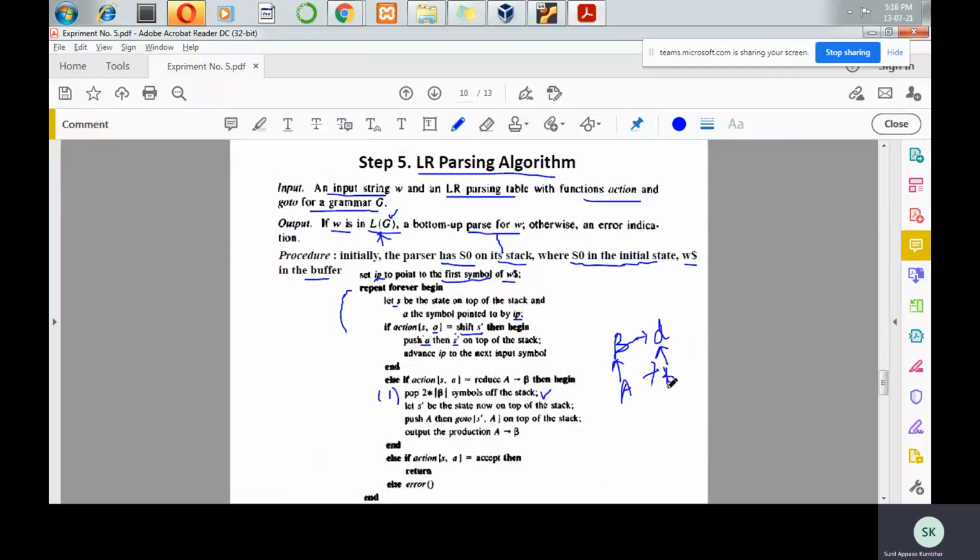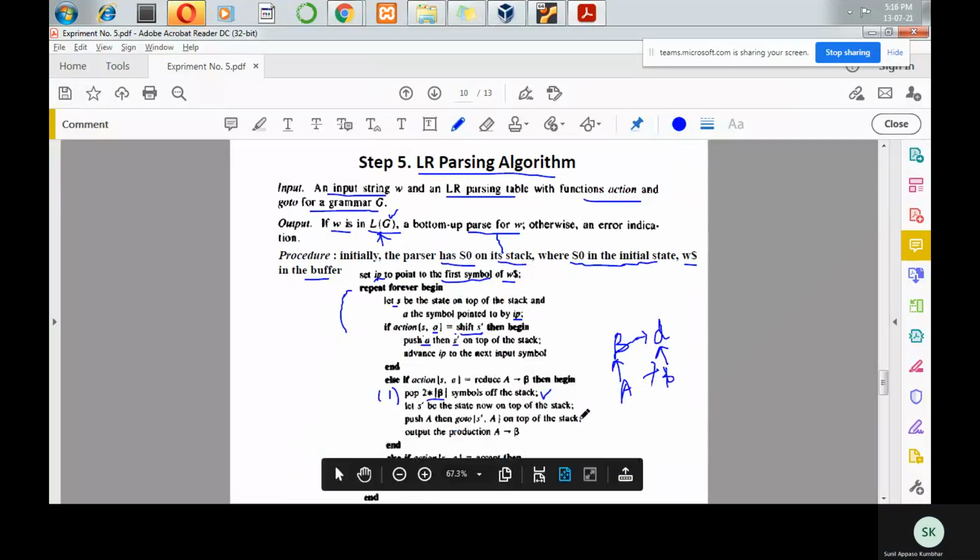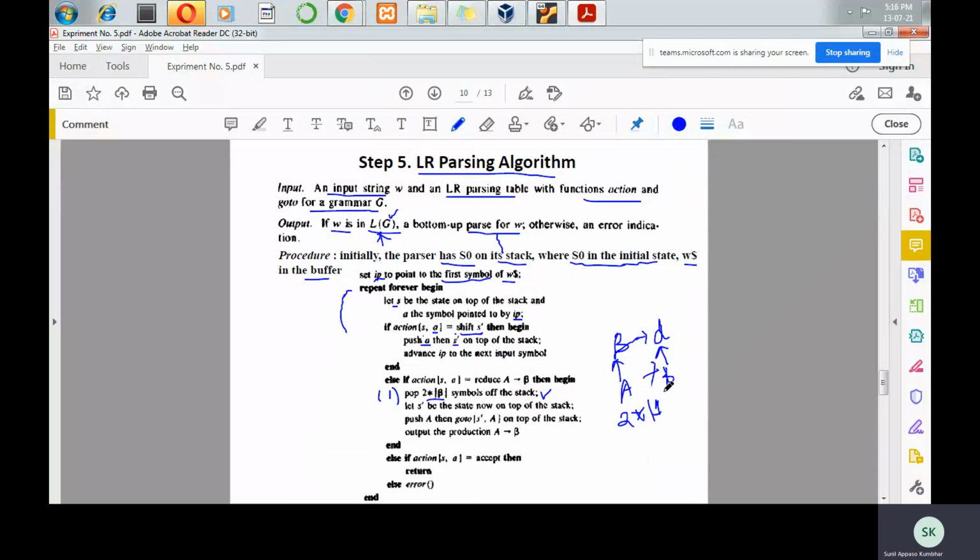So how many symbols are on the right hand side of the production? Only one. So we have to pop 2 into 1, because we just need to find the length of the right hand side part, so it becomes 2. So 2 symbols are popped.